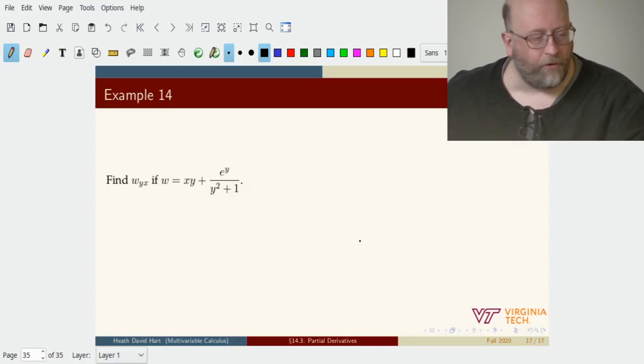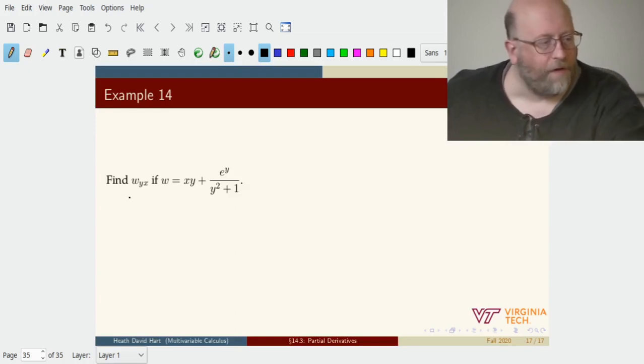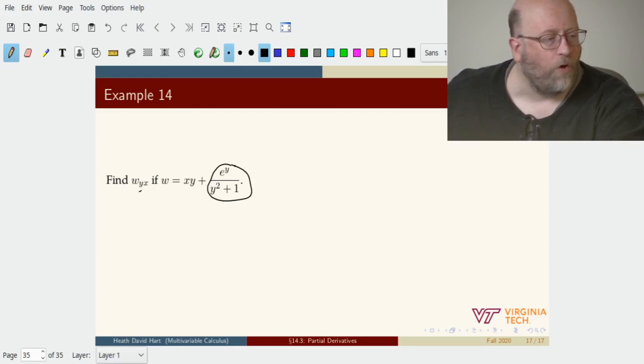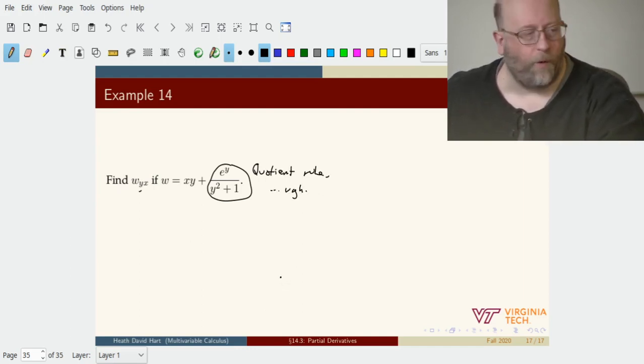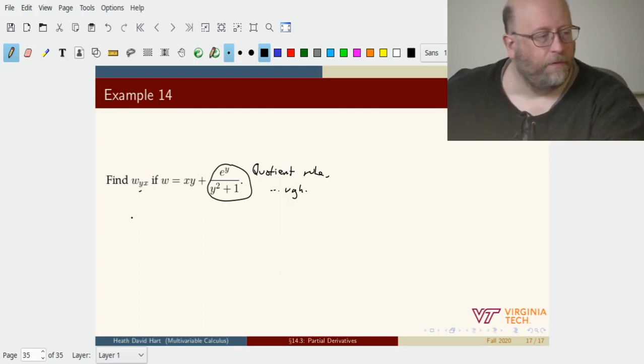Here's an even better example. If I want to find wyx, the instructions say to do y first, but that means having to use the quotient rule here. Ugh. You don't like quotient rule. Quotient rule makes me sad.